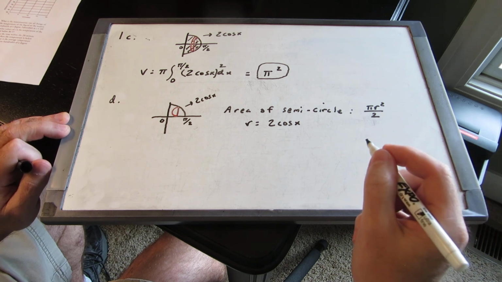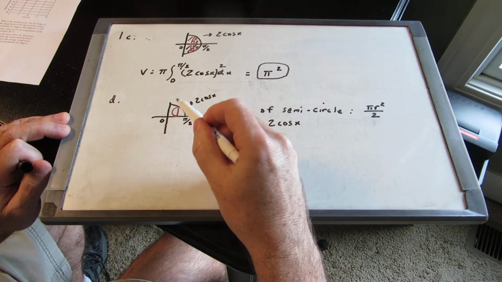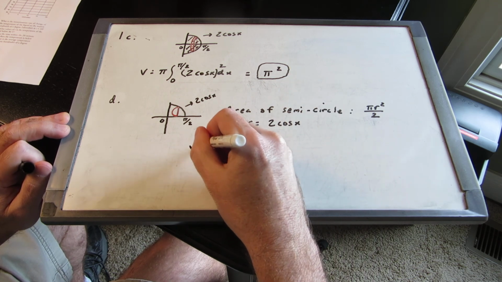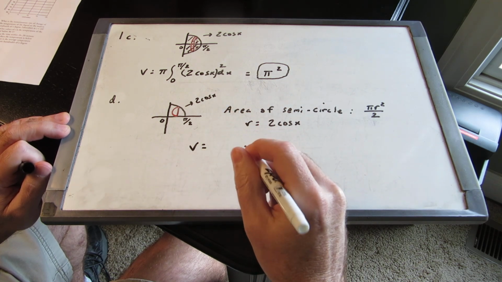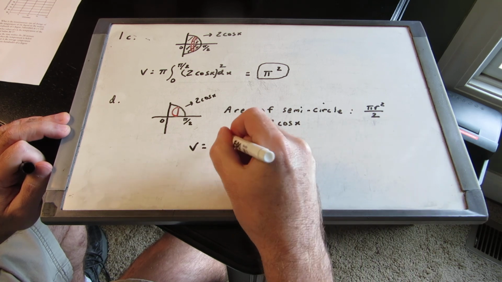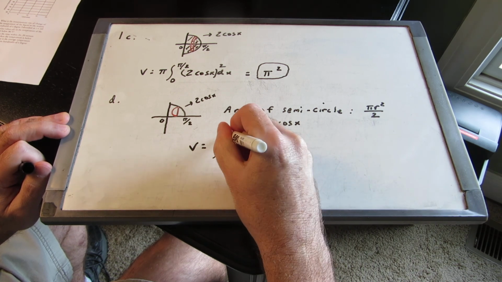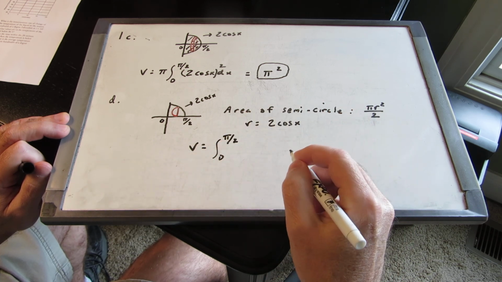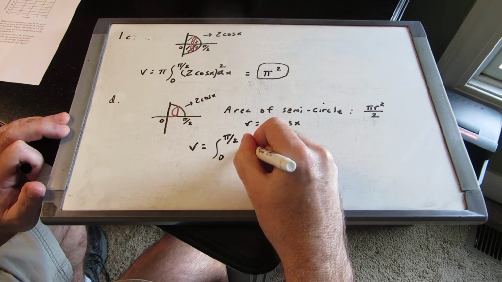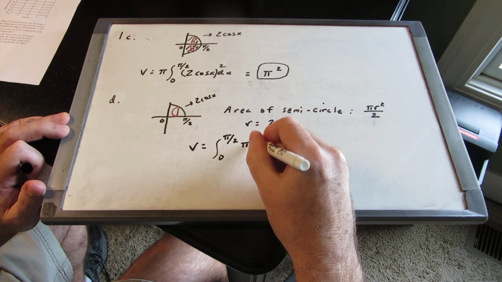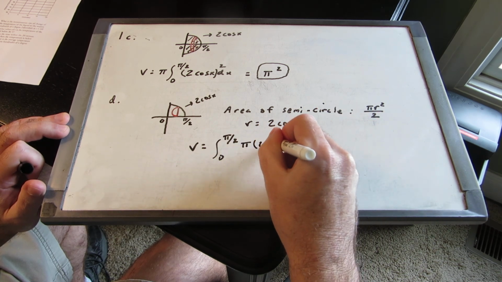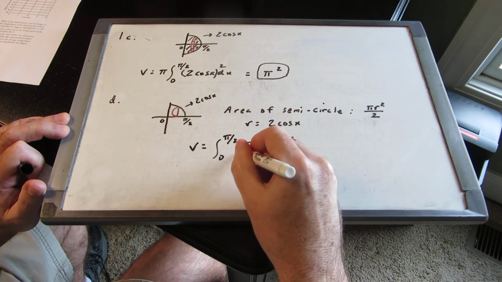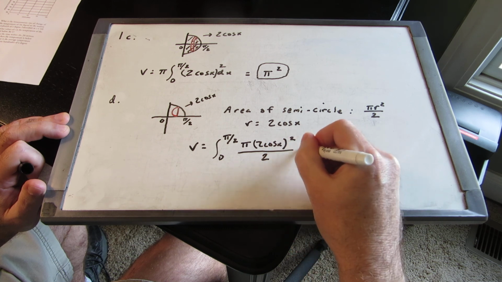So to get the volume, we just want to sum up all the areas of these semicircles from 0 to 2 pi. Now, so that's going to be 0 to pi over 2, not 2 pi, sorry. Pi over 2 of pi times the radius squared, 2 cosine x, all squared, over 2 dx.